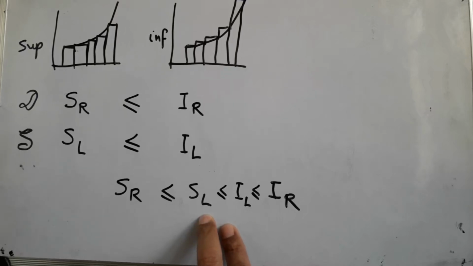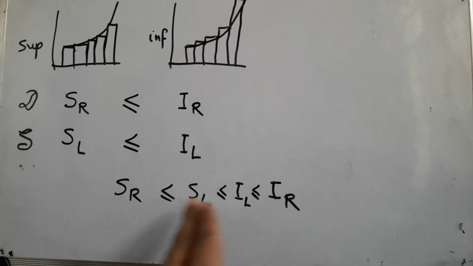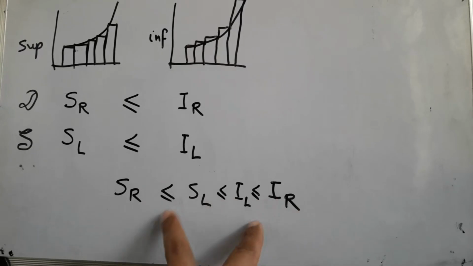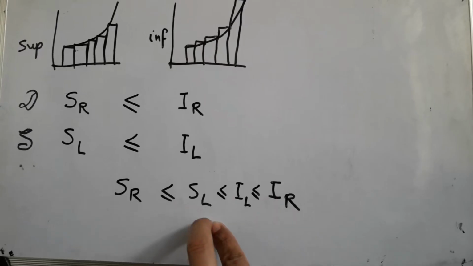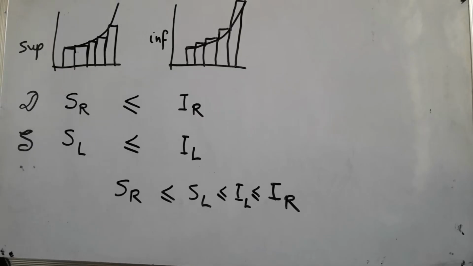The function must be integrable according to Lebesgue as well, and the value must match. However, it is possible that S_R and I_R are wide apart, but S_L and I_L are the same. So it is possible to have a function which is Lebesgue integrable but not Riemann integrable.